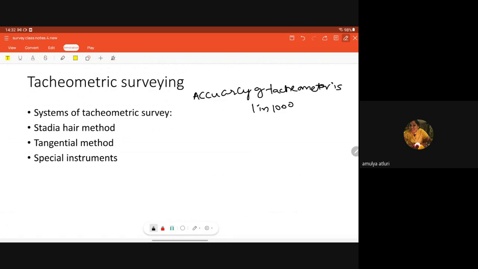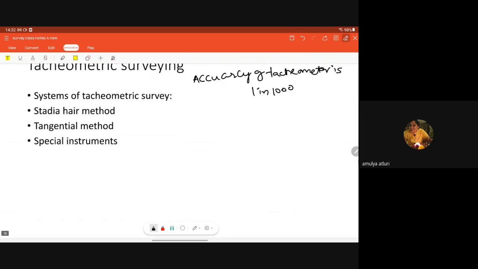Okay. What are the systems of tachyometric survey? There are three systems. Stadia hair method.